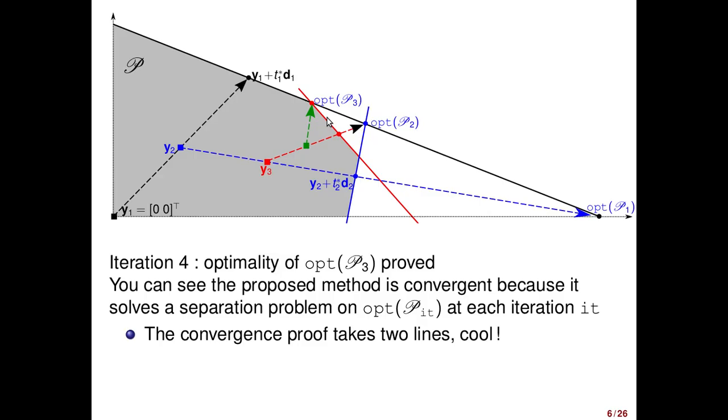But by projecting at this last iteration, I will obtain the fact that this point is feasible, and then optimal. The convergence proof is very short, because at each iteration I separate even by projection.